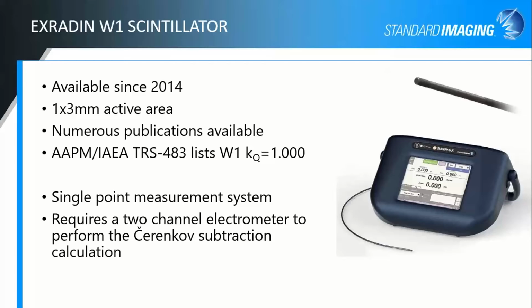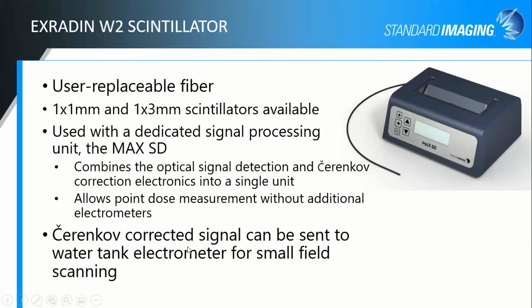So our Supermax electrometer has routines built into it for you to be able to characterize your scintillator, your W1, save the CLR values and dose calibration values so that any subsequent measurements, it can automatically apply all of these. You could certainly use a different 2-channel electrometer, but it's a lot more legwork on your end because you have to do all of the calculations in a spreadsheet yourself.